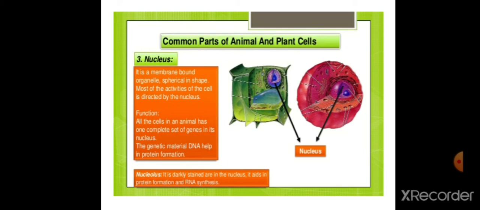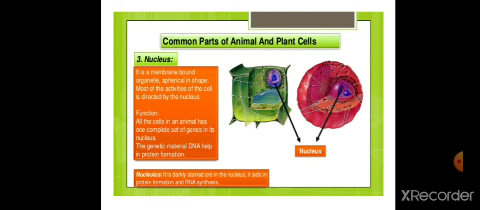Now there is also a term called nucleolus. Do not confuse the both. Nucleolus and nucleus are two different things. Nucleus is the membrane-bound organelle which is spherical in shape, where most of the activities take place, and it also has the genetic material, that is the DNA. So what is nucleolus? Nucleolus is a darkly stained area in the nucleus.